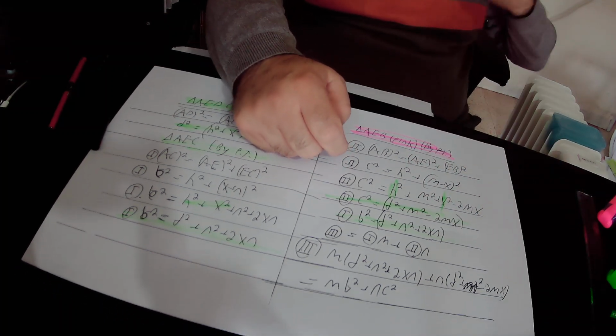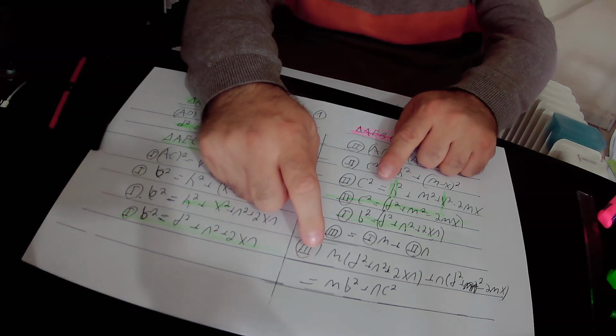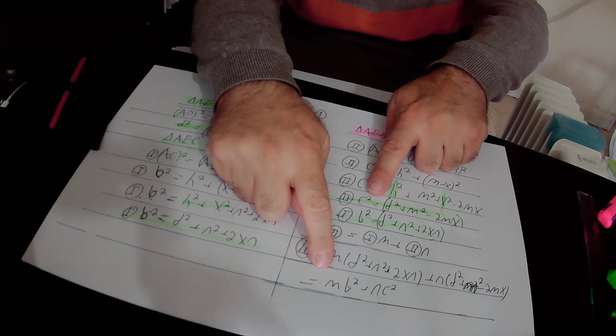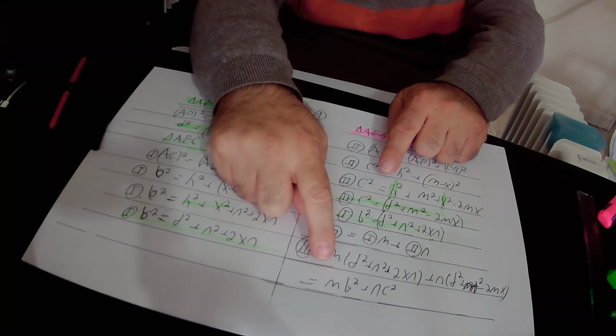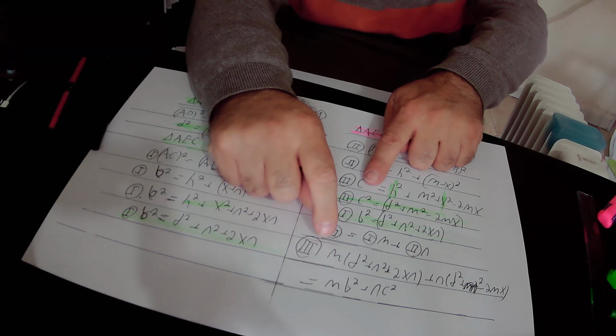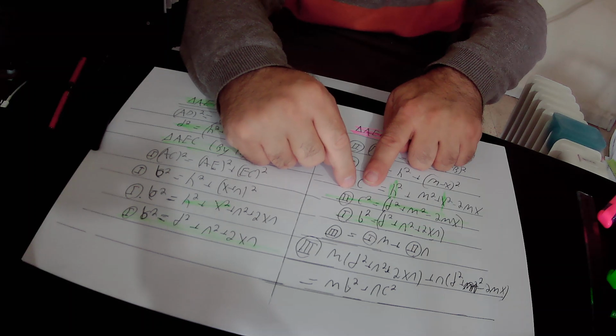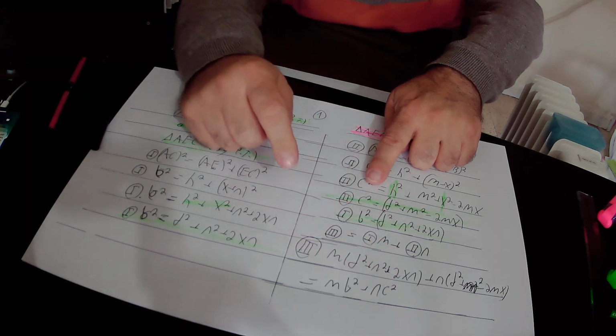And it must be equal to the multiplication of the left side of equation number 1 by M. In the left side we have B squared, so it is M times B squared, plus the multiplication of the left side of equation number 2 by N. In the left side of equation number 2 we have C squared, so it is N C squared.